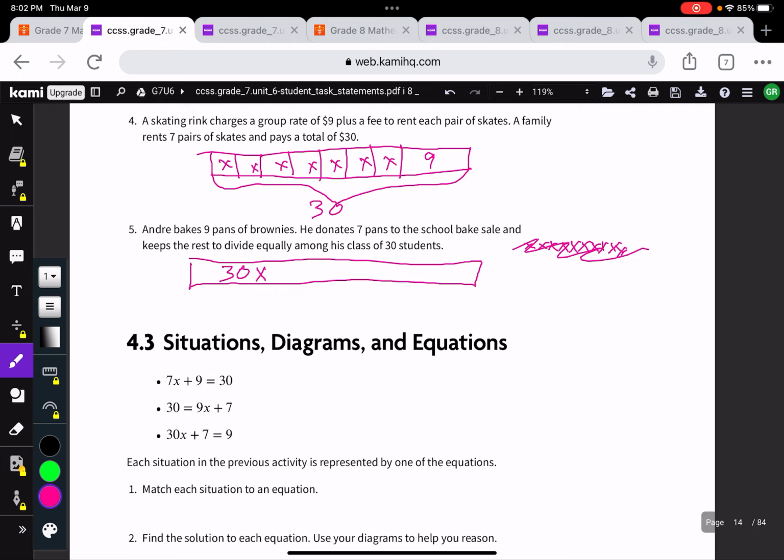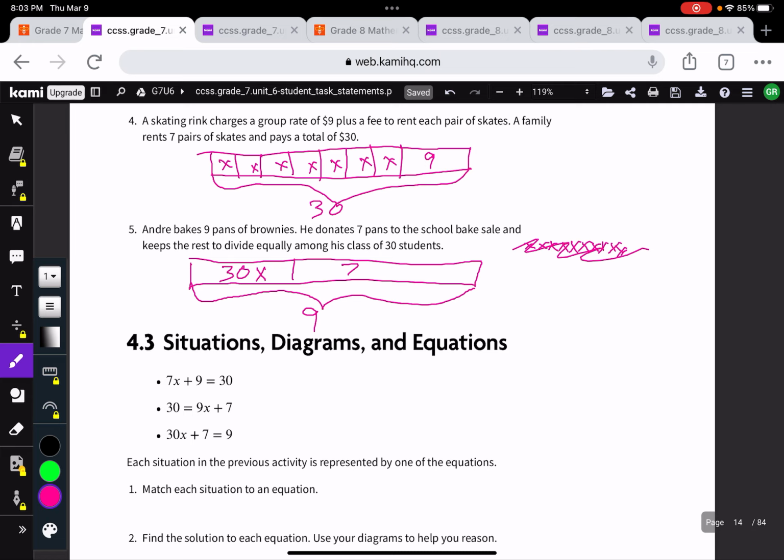And then there's also seven pans. And then this is kind of weird. That's 9. So we got 7 pans.